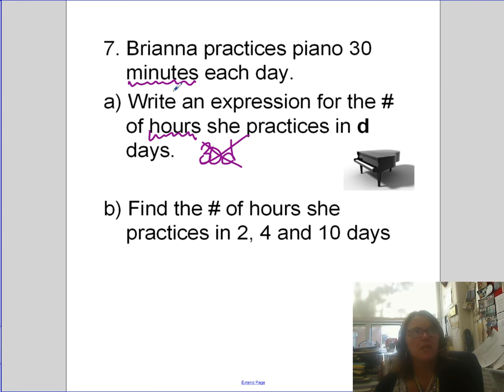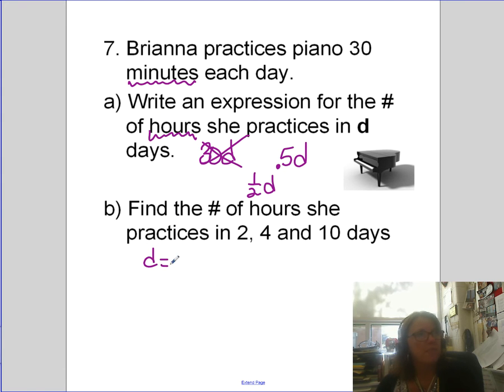So 30 minutes. 30 minutes is what part of an hour? It's a half an hour. So really, we're going to take 0.5 times the days, or if you like fractions, you'd say 1/2 times the days. That's an expression to find out the number of hours. In part B, you have 3 answers.